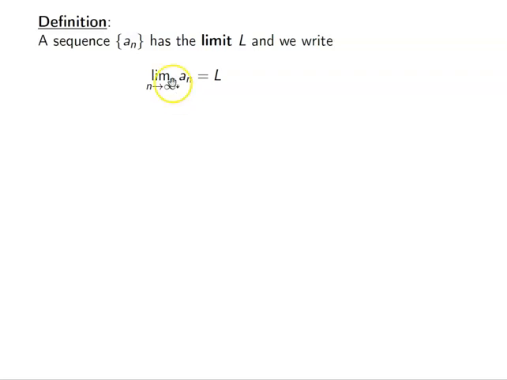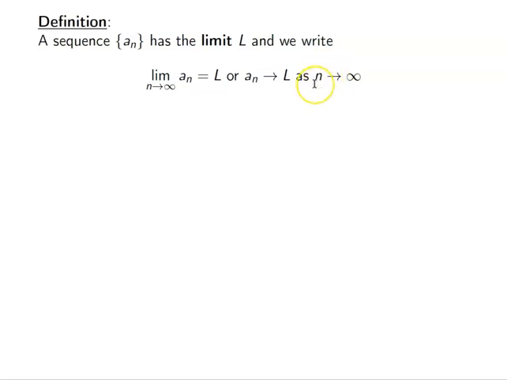So let's go ahead and look at a few definitions. A sequence, a sub n, has a limit, which we call L, and we write that the limit of the sequence as n goes to infinity is equal to that value L, right? Or another way to say that is that my sequence approaches L as my n values get very, very large.